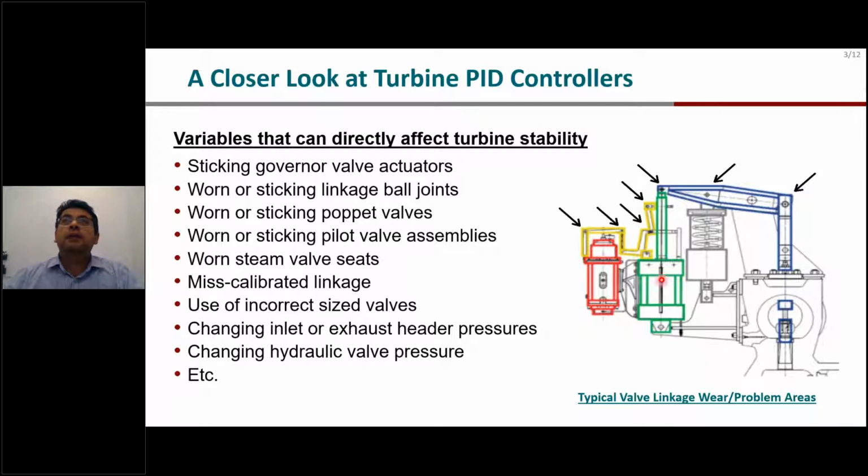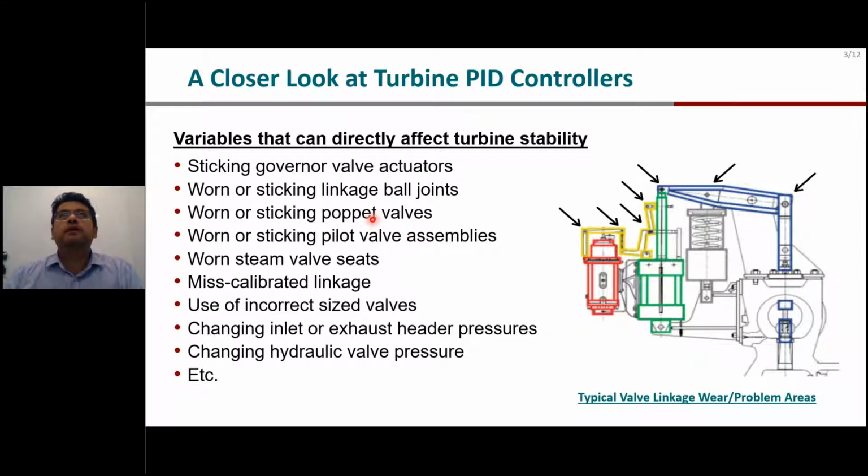If you look at them, you may face many mechanical issues. One of them is the sticking of the governor valve. The other is the linkage, between the governors and the joints in here. As the turbine gets older and older, these linkages start to wear out and cause issues. You need to accommodate for these issues within the controller, especially as the turbine gets older.